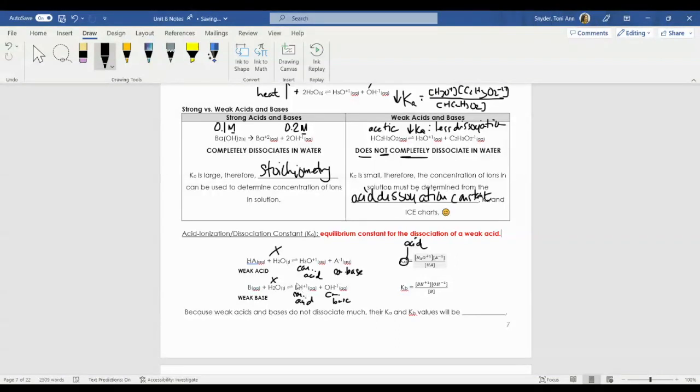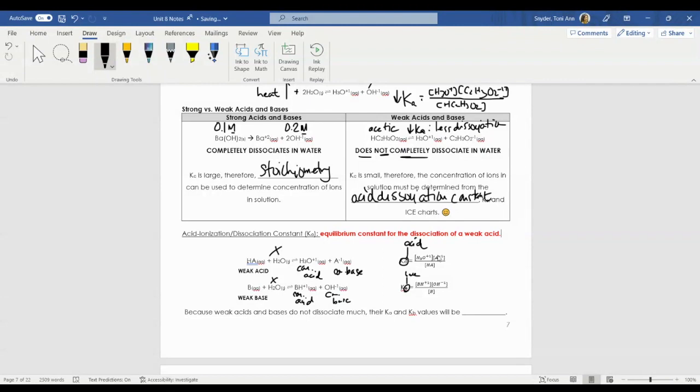Again, my concentration of BH plus times my concentration of the hydroxide ion over the concentration of the base is equal to the Kb. So this is important. Whenever I have an acid, we have to make sure that we use that equilibrium expression, and that's defined as the value of Ka.